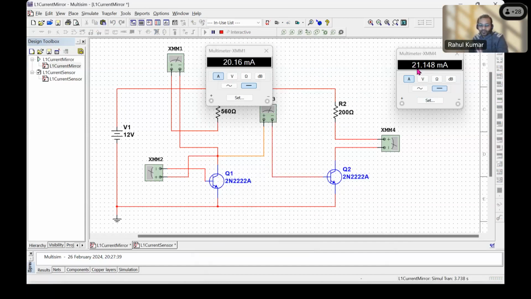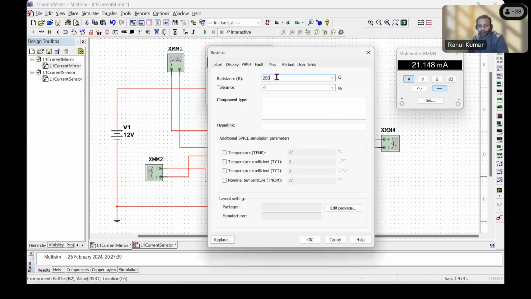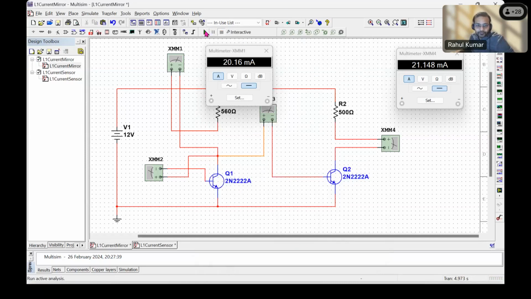Right? So again, I would say fairly constant output current. Now, every circuit has a limit. Let's now increase it to maybe 500. Let's check the limit.